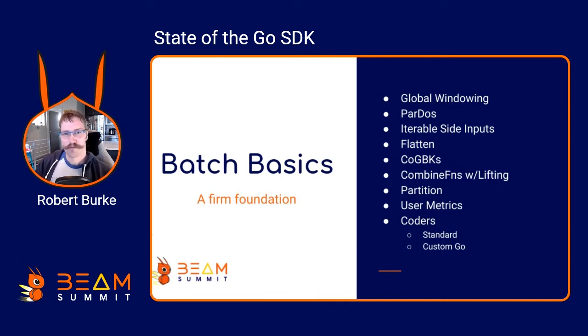You can group 1 or more sets of KV PCollections with CoGroupByKey. You can write combiners, which support the combiner lifting optimization, assuming the runner supports it. Also Flattens, PCollection partitioning, user metrics, side inputs, and a multitude of standard Beam coders. And if the standard coders don't do it for you, you can register your own.